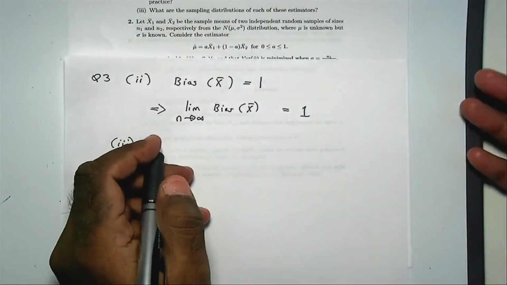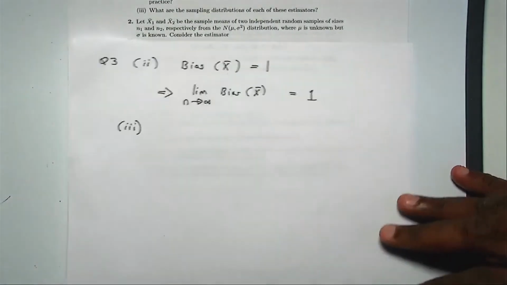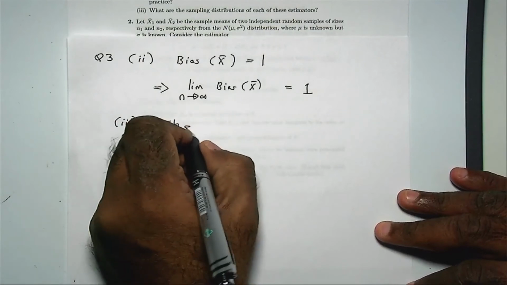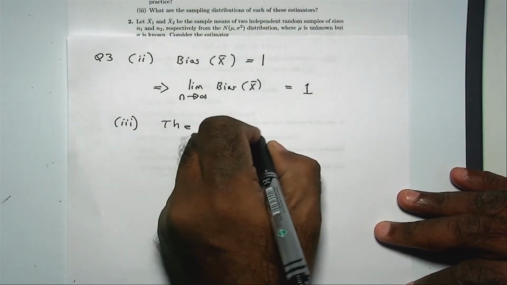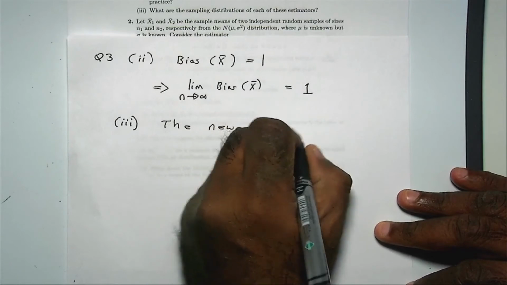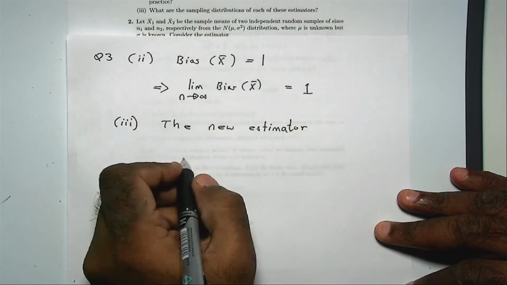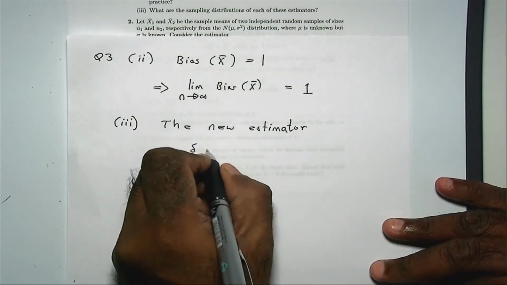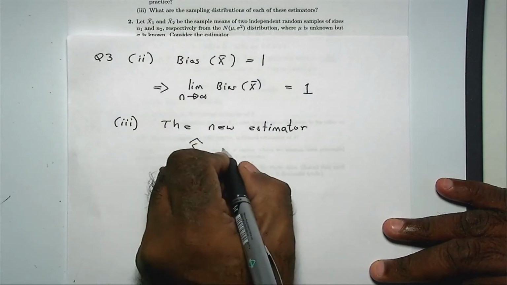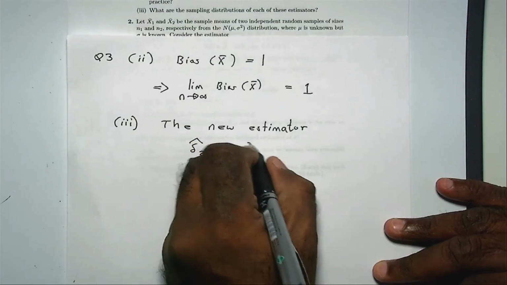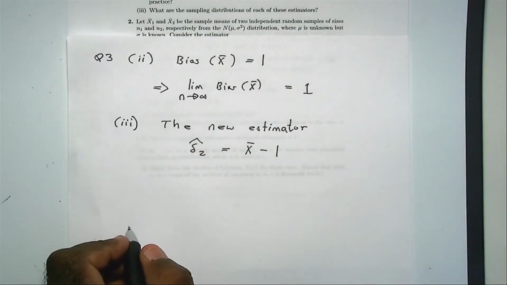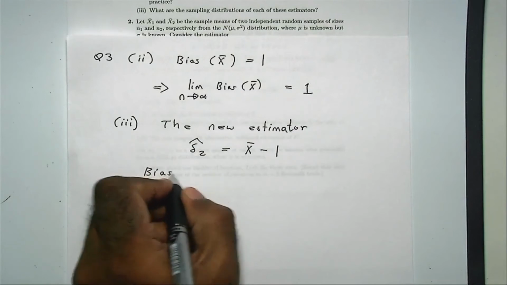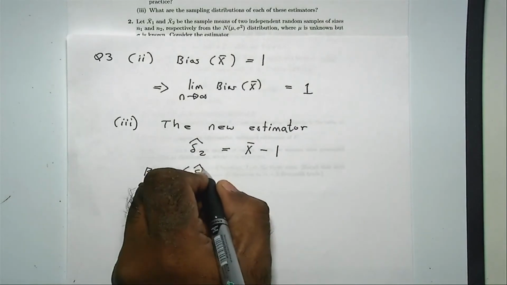So a new estimator for delta can be defined like this. Let me call it delta 2 hat. You can define it as x bar minus 1. Now I will show you that this estimator has bias equal to 0.